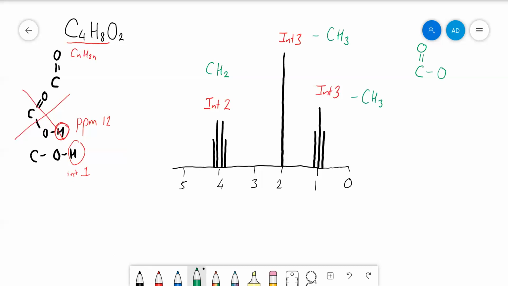Okay, let's have a think about this CH3, right? This CH3, it's a splitting of 3. It's a triplet. It's a triplet, so that means it's next door to a carbon with 2 hydrogens on. So that is probably next door to a CH2.